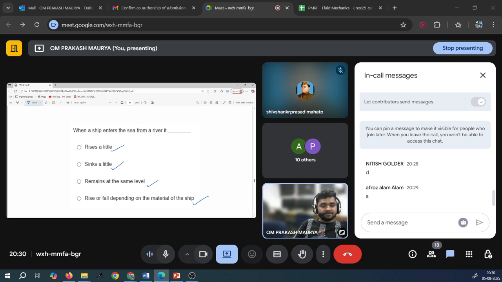The reason behind it in terms of density, if you understand, then you can easily give the correct answer for this question. Due to specific gravity, sir. Yes, you can say specific gravity or density.